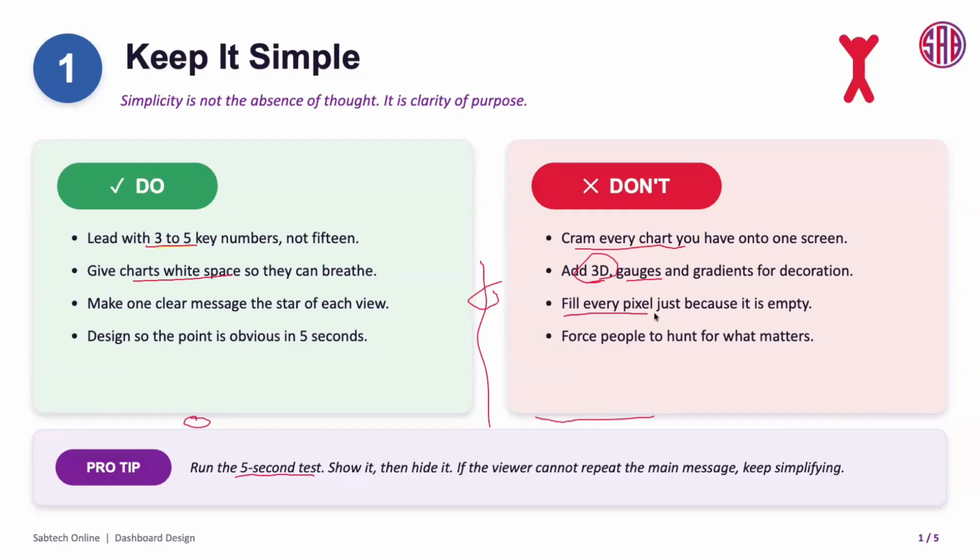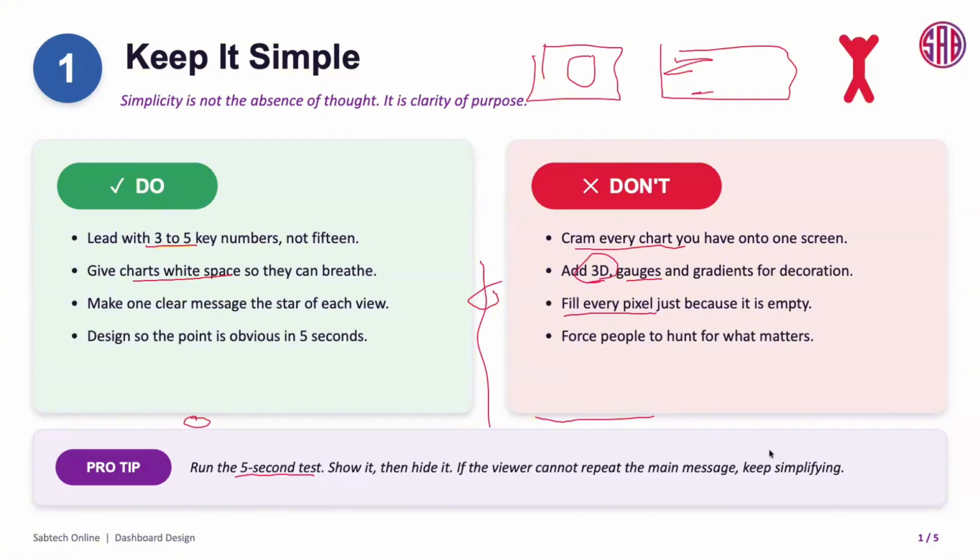Don't fill every pixel just because it is empty. You have seen a space remained beside the heading, you say, okay, let me put a pie chart there. Another space remained, I think I can put bar charts there. No, don't fill everything. Leave the white space for the eye to rest.